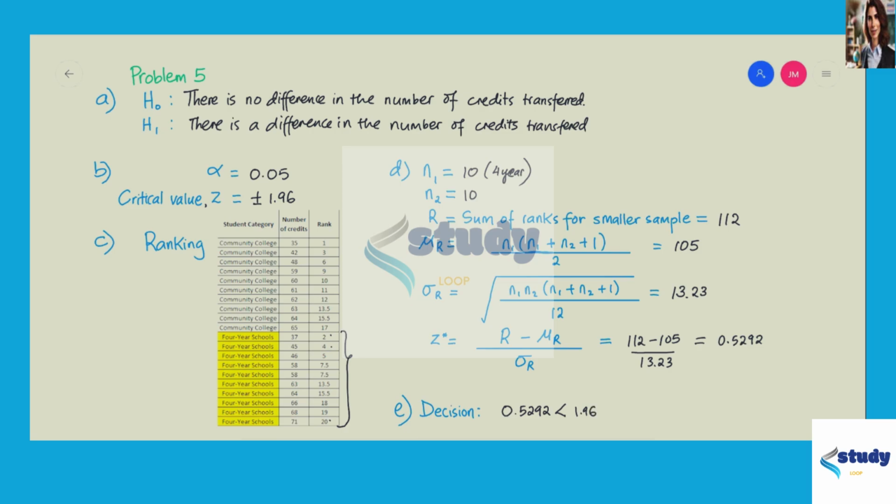And when that happens, we have to make the decision to fail to reject the null hypothesis. And once we fail to reject the null hypothesis, we conclude that there is not enough evidence to support the claim that there is a difference in the number of credits transferred.